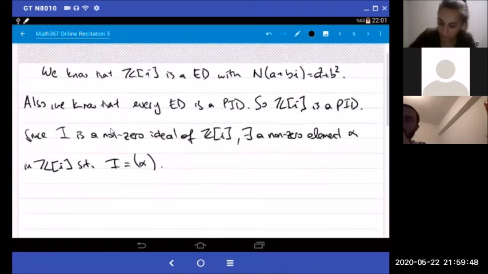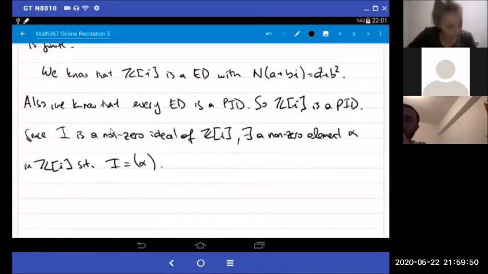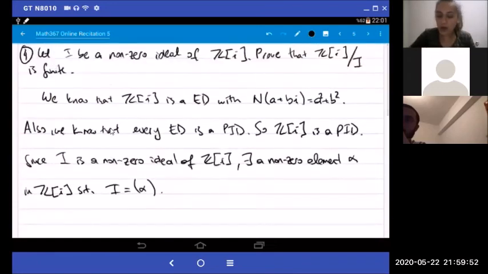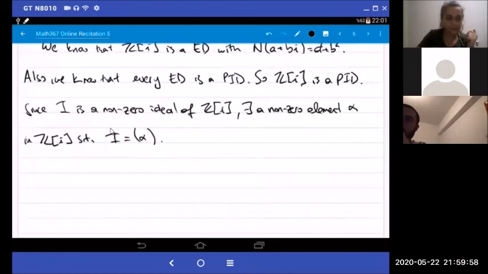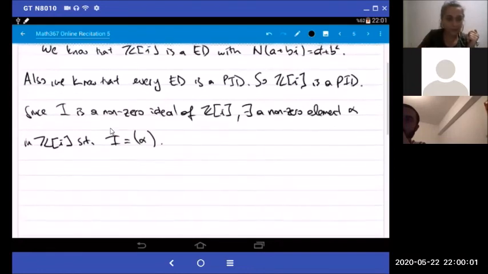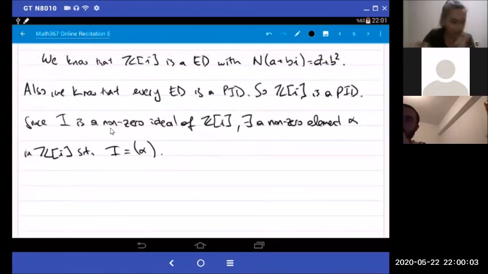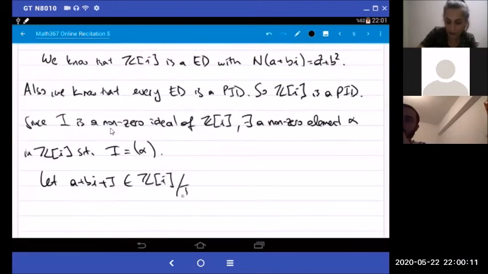Okay? Now, to count the elements in the quotient ring, let us take an arbitrary element. Let a plus bi plus I be an element from this ring Z[i]/I.